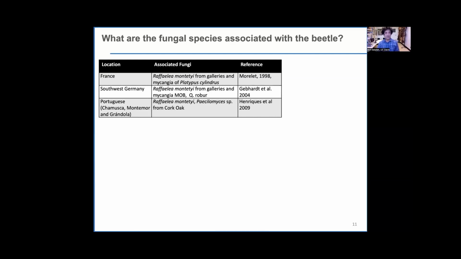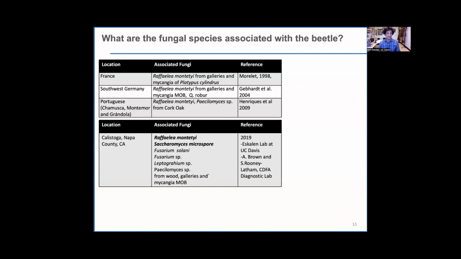Another group also identified Raffaelea montagiae from the galleries of the Mediterranean oak borer in Germany, which is native to the Mediterranean region of Europe, and in Portugal it was also identified in cork oak.